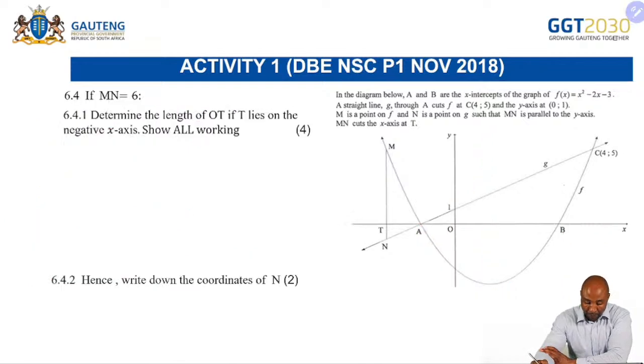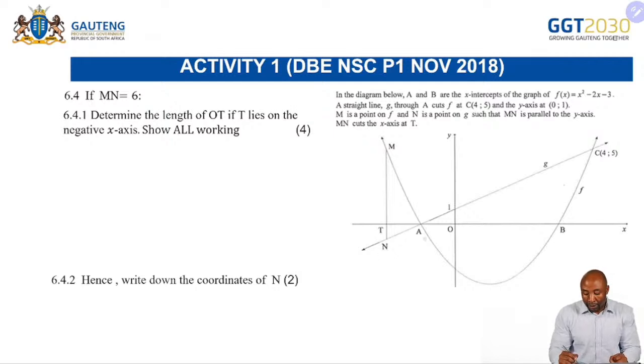(6.4.1) If MN is equal to 6, determine the length of OT if T lies on the negative x-axis. Show all working. It's 4 marks. Now, if you check, M is on the function f of x and N is on the straight line.